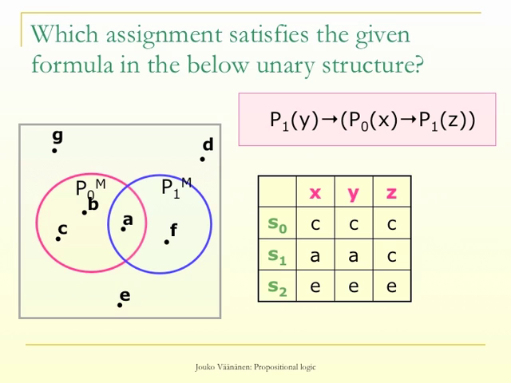Recall that an implication is true if the hypothesis is false. So we can right away conclude that S0 and S2 satisfy the given formula in this structure.